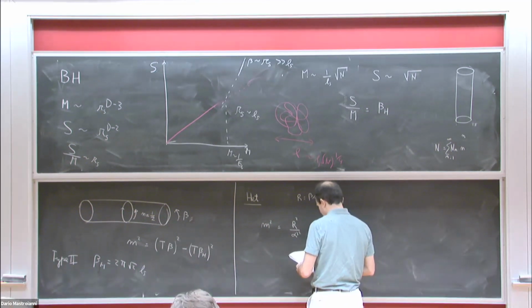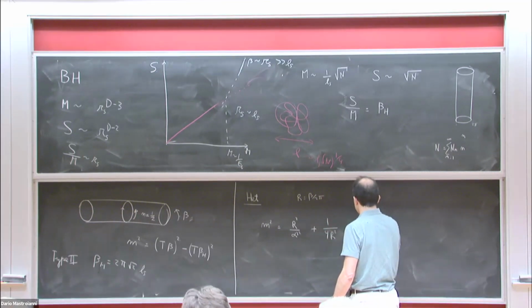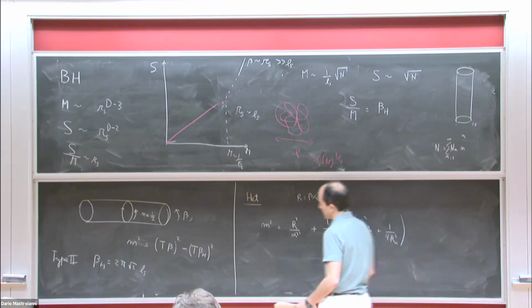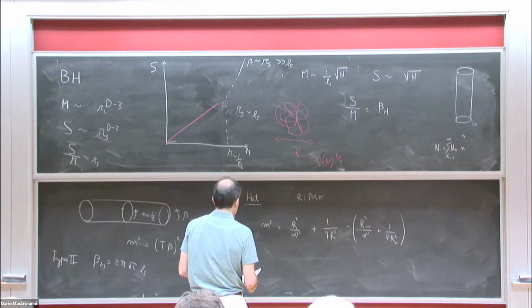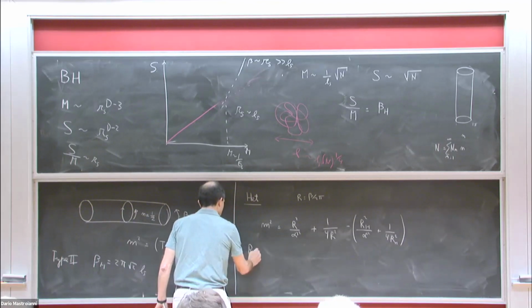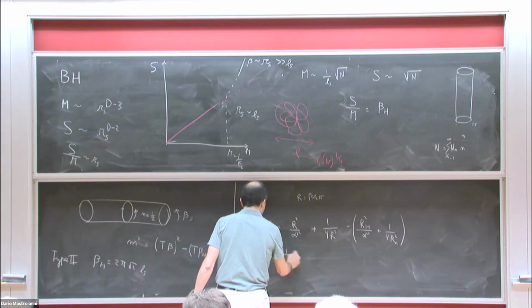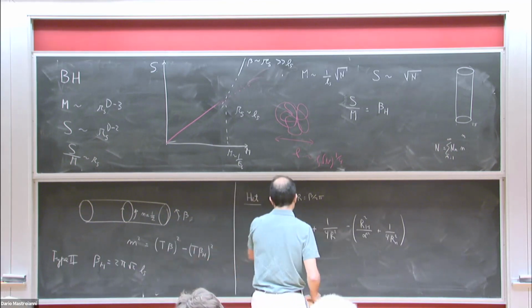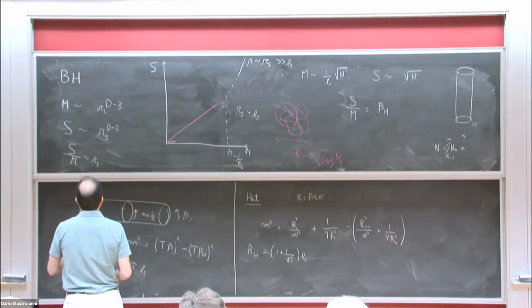So it has a slightly more complicated dependence, minus the same thing with R_H. The precise formula is not so important. What is important is that it carries this half unit of momentum. And then this R_H has some value that you can write down. Its precise value is not important, only that there is some concrete value that you can calculate. And again, when R goes to R_H, there is a massless mode. Okay, so that's some background.